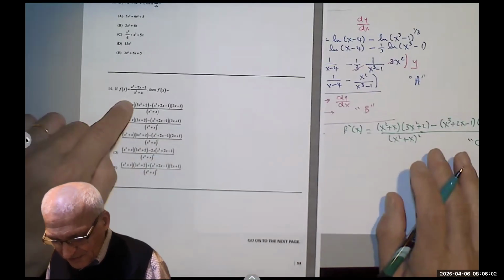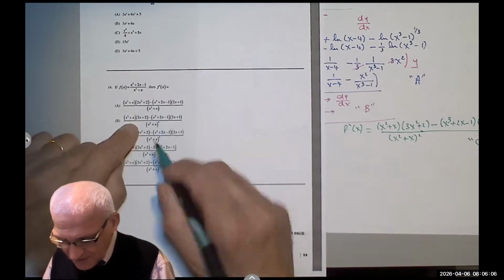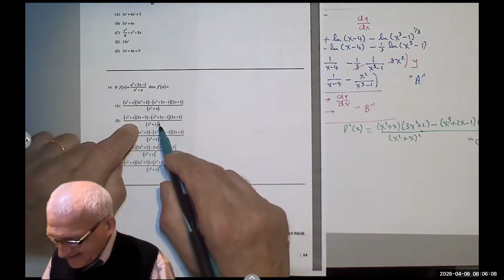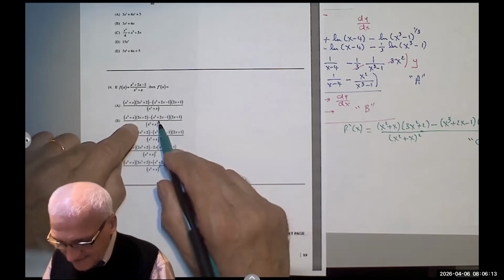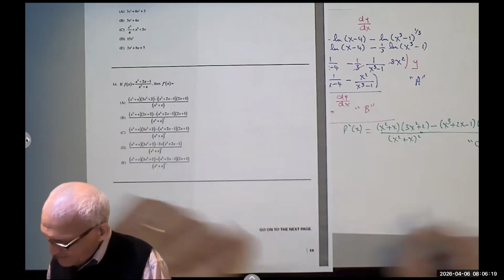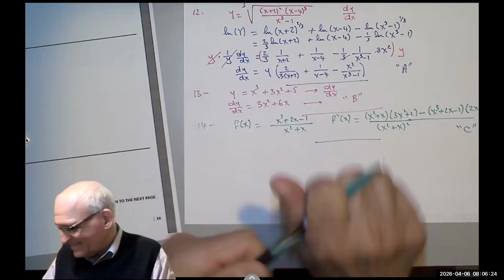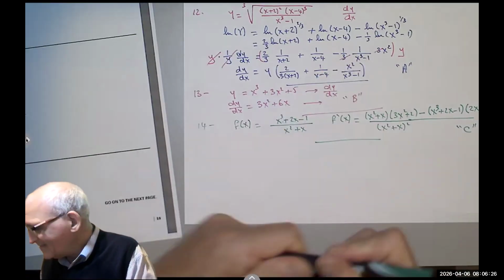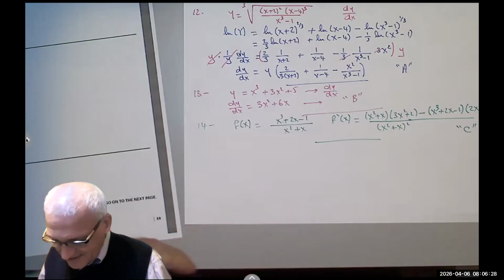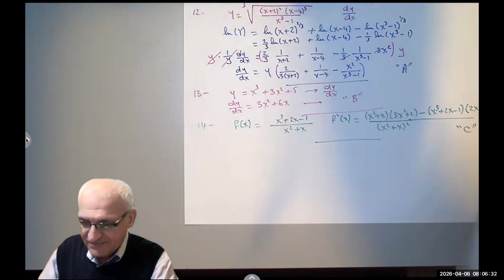First I thought it was A, and then I noticed there is no square, so I said, okay, it must be B. And then I realized I have 3x, not 3x squared. And finally, we said it's C. So it would take me longer than it should. That's crazy. Okay, so we did 13 and 14. How about 15?